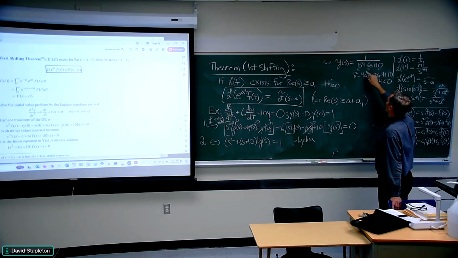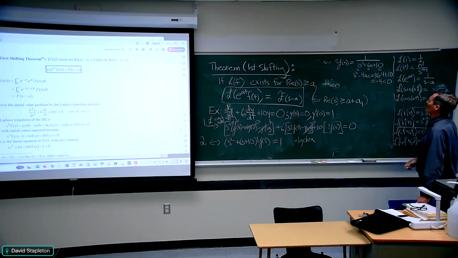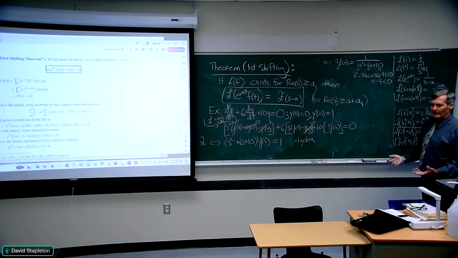When this is less than 0, this is called an irreducible quadratic because it doesn't factor over the real numbers. You can factor with complex numbers, but you can't factor over the real numbers. So I can't use partial fractions with real numbers. I have to use partial fractions with complex numbers. Then I've got to integrate complex valued functions, which we don't know how to do yet in this class, so it's a mess.